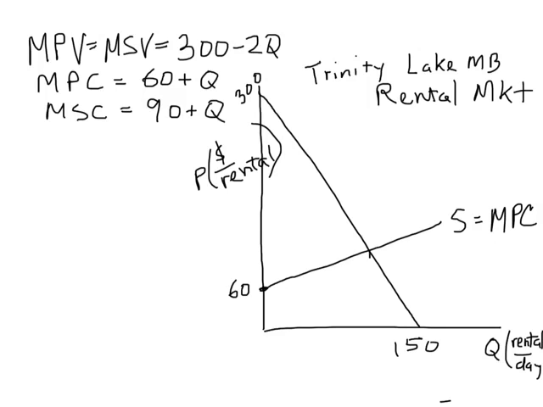And we know from our algebra that resulted in the quantity 80 rentals per day. And it does look like I've drawn this supply curve too flat because 80 is just a little more than 1/2 of 150, and yet it looks like it's more like 2/3. Anyway, it doesn't matter. We have the algebra from the previous exercise.